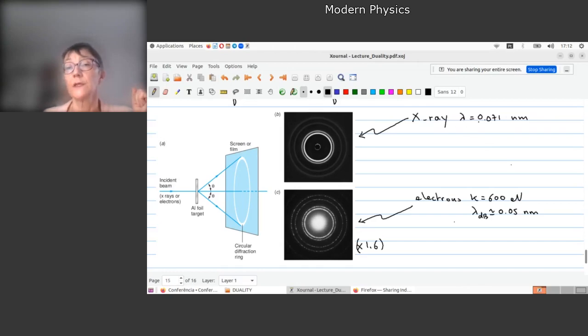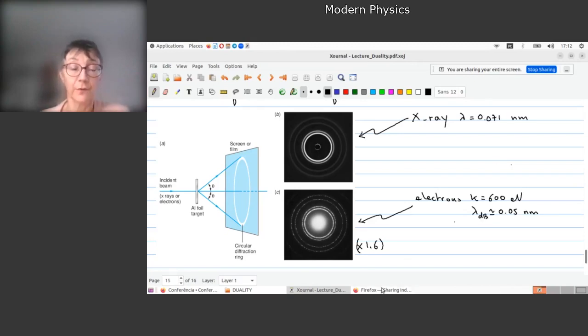This is a wavelength of 0.071 nanometers. And so they use the same apparatus, but instead of using X-rays, they used electrons. For electrons with a kinetic energy of 600 electron volts, for example, if you calculate their de Broglie wavelength, it would be 0.05 nanometers, slightly smaller than this one.